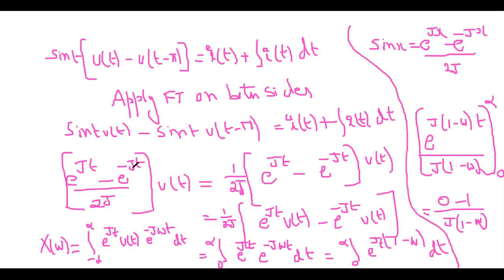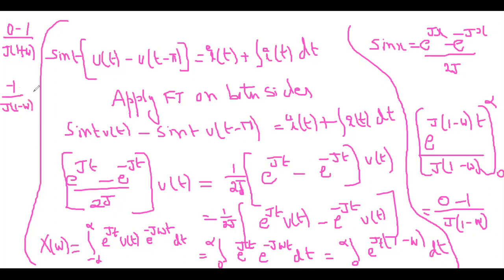For the second term, what is the expression we got? The 0 minus 1 by j into (1 plus omega). Here the minus is there, and in this also the term is a minus; minus into minus is plus. So simplifying, minus 1 by j into (1 minus omega) plus 1 by j into (1 plus omega).